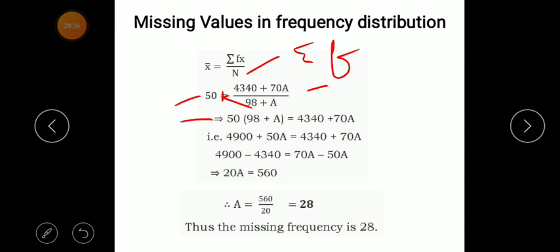Open this bracket: 50 multiplied by 98 is 4900, plus 50 into a is 50a.